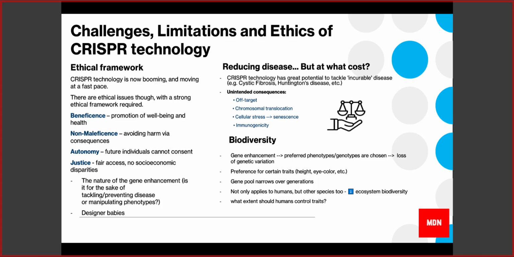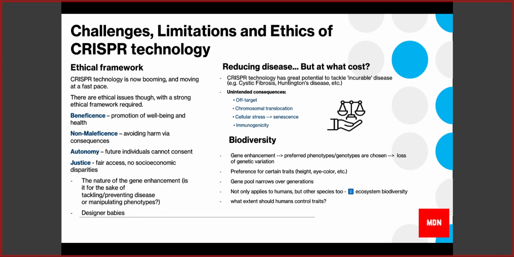And this links to cellular stress and senescence. So if the DNA breaks during CRISPR gene editing, this can cause damage and change to how the DNA is transcribed. And if the damage is far too great, then this can cause the cell to stop dividing overall, which then leads to senescence and eventually aging and tissue dysfunction, hence cellular stress.